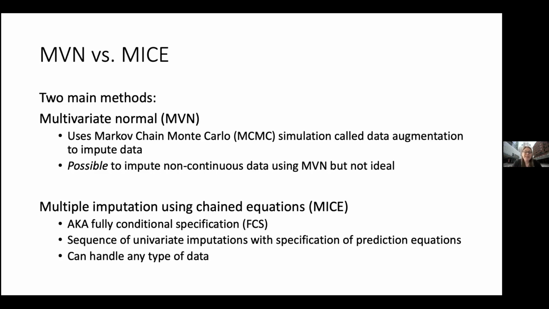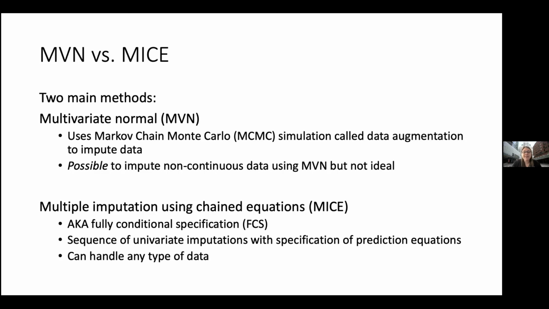It used to be this was the only option that we had, and so there were some tricks and workarounds so that you could impute non-continuous data, because multivariate normal implies that your data are normal and continuous. Now, you can do that, but it's not ideal because there's a newer method called multiple imputation using chained equations, or MICE, also called fully conditional specification.